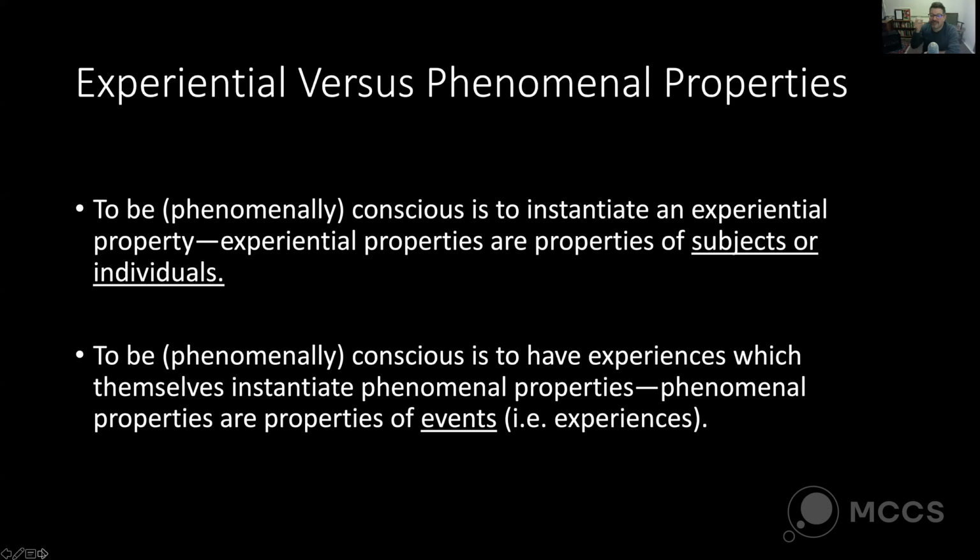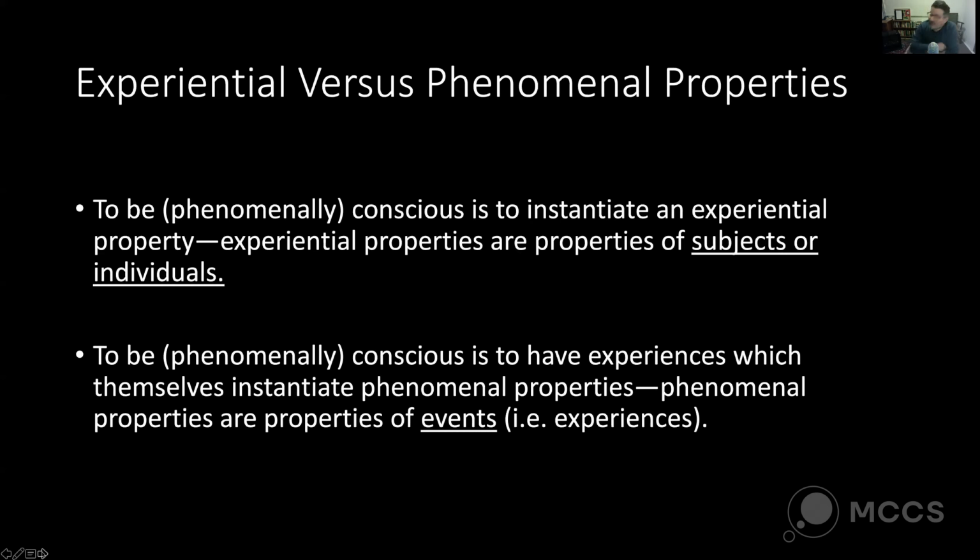They're properties of events that happen, that we bear relations to. So phenomenal properties are clearly different from experiential properties, since they attach to completely different things. Experiential properties attach to subjects, phenomenal properties attach to events, even though both are involved in a definition of phenomenal consciousness. So that's the distinction between experiential and phenomenal properties.